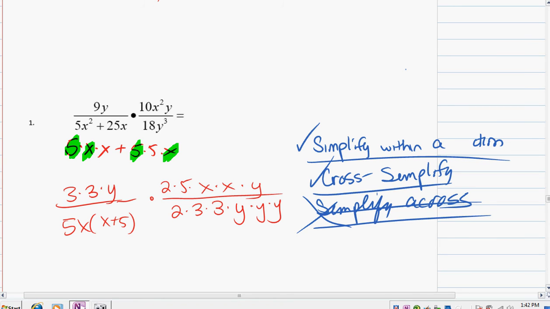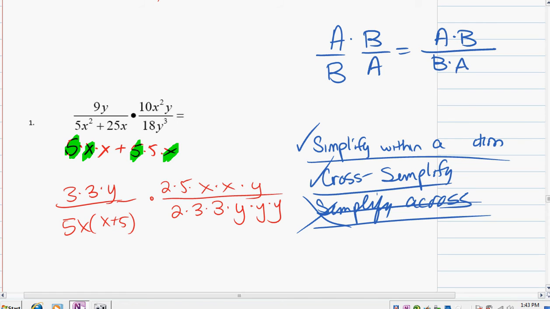And really simplification is a division problem, and one of the reasons this works is if I have a over b times b over a, well, when I multiply, I'm just multiplying the top and the top and the bottom and the bottom. And so this is just AB over AB.